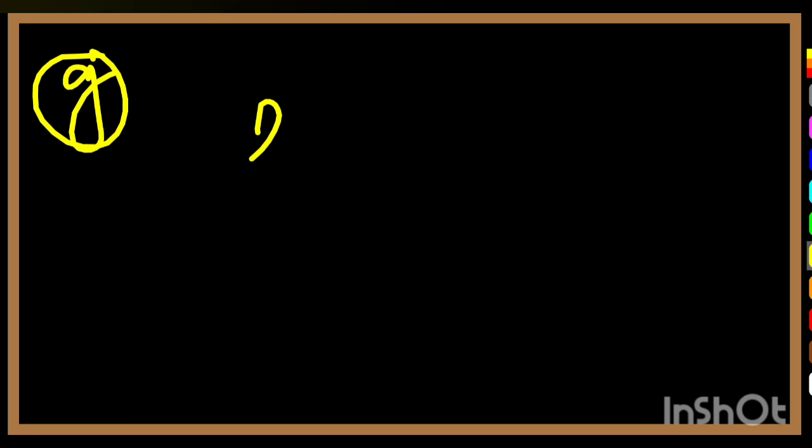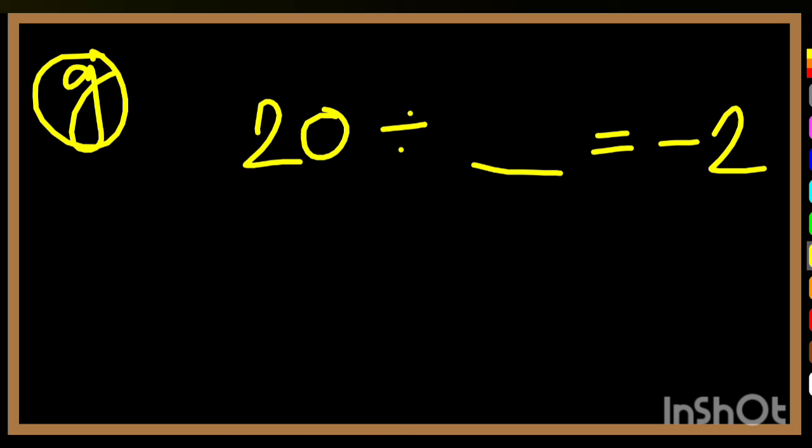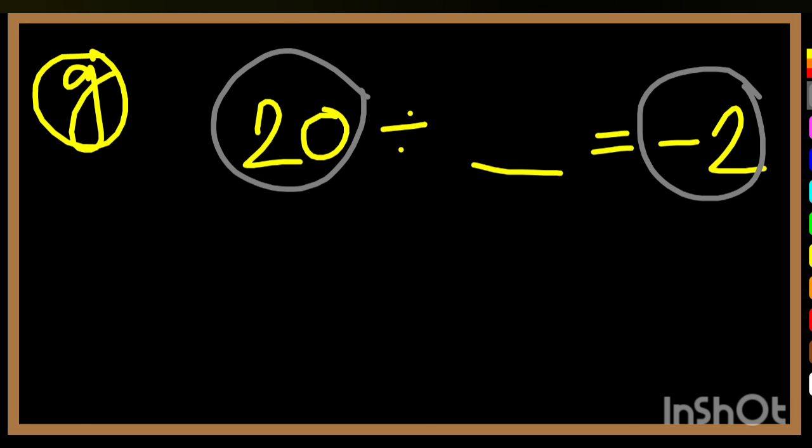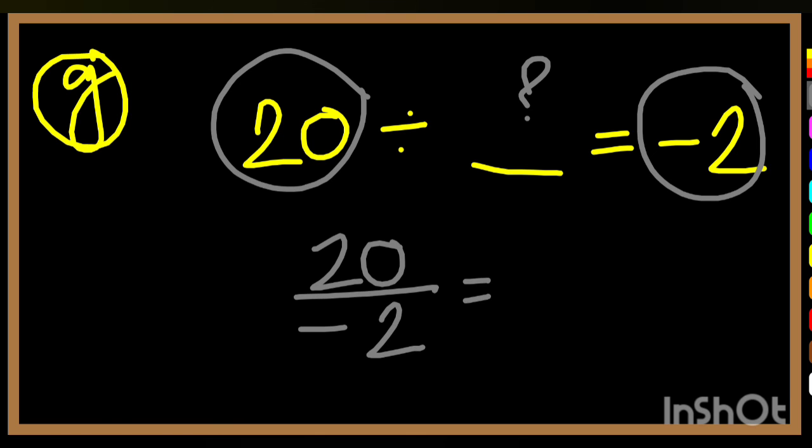In this sum it is written 20 divided by something and we are getting minus 2 in the answer. How to find this? As I said, for this sum dividend is given and the quotient is given. So for finding this we simply divide this dividend and this quotient. So here again you can see two different signs. Here nothing is given, means plus sign is given.